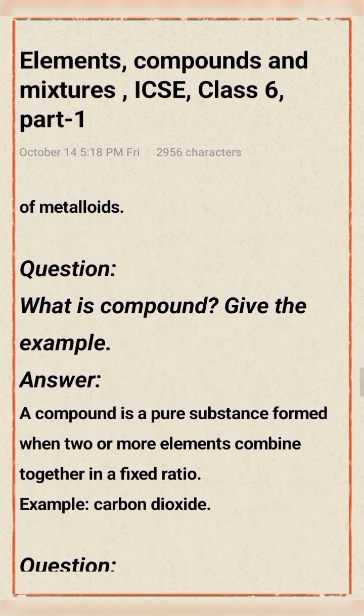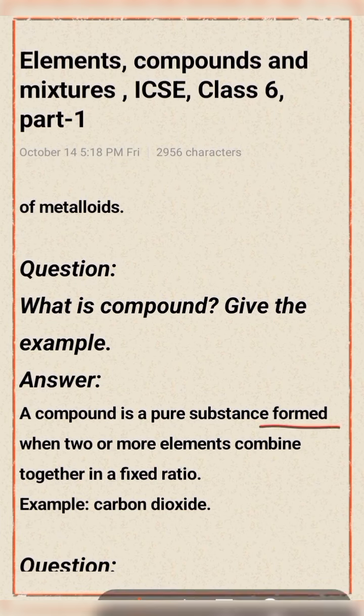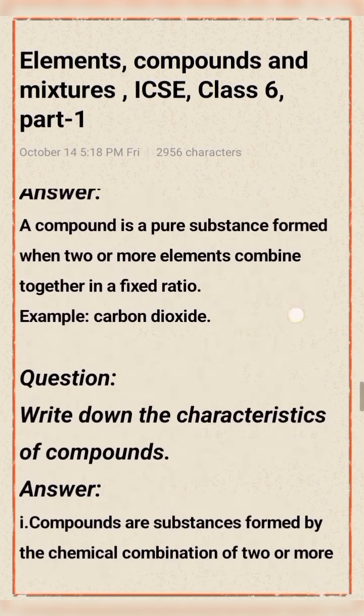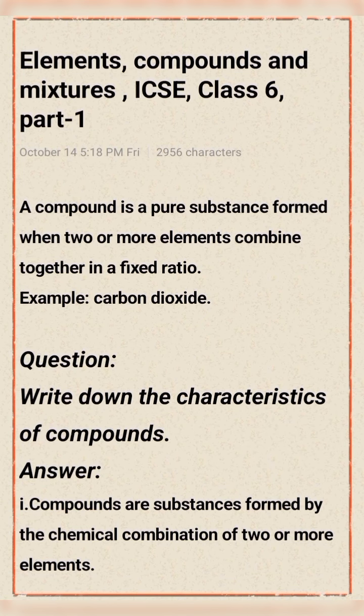Next question: what is a compound? Give an example. A compound is a pure substance formed when two or more elements combine together in a fixed ratio. Example: carbon dioxide. Next question: write down the characteristics of a compound.